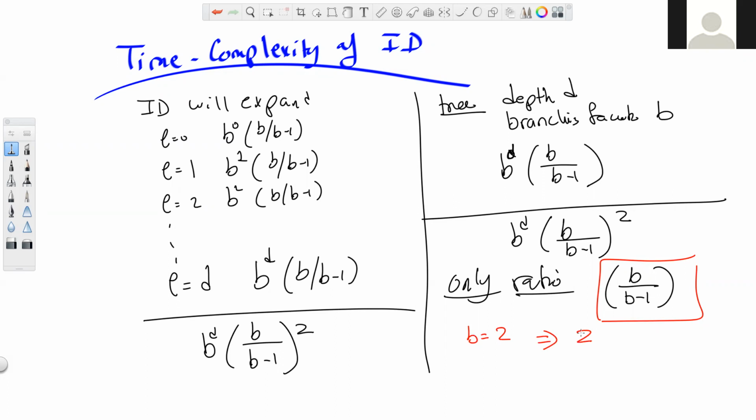And as this branching factor grows, the overhead becomes even less and less. So if b equals 3, you're talking about 1.5 times more. If b equals 10, it ends up being only 1.11. Your book has this example, which is, I don't know how the authors came up with these nice numbers, but they have a branching factor of 10, depth of 5.